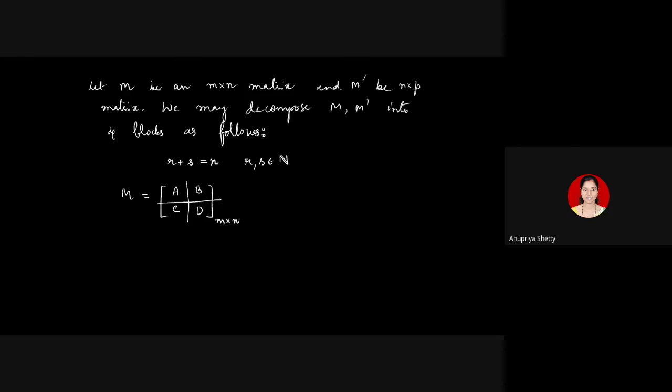Just see that it is less than the total number of rows in M, because M and P, the number of rows in M and the number of columns in M dash, they don't have any connection. The values of M and P could be anything. Only we know that the number of columns in M and number of rows in M dash should be the same. So here you can divide after any number.